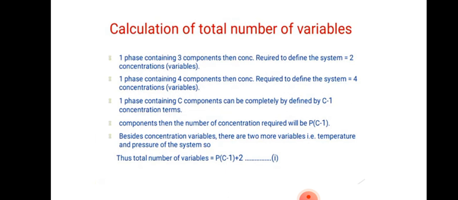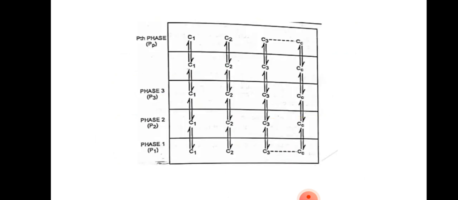But we have 2 other variables, that is temperature and pressure. We know that at equilibrium, each phase has the same temperature and same pressure. So there is only one temperature and one pressure variable for the whole of the system.